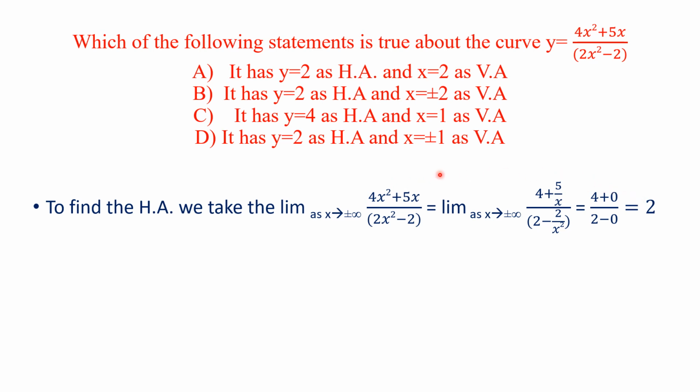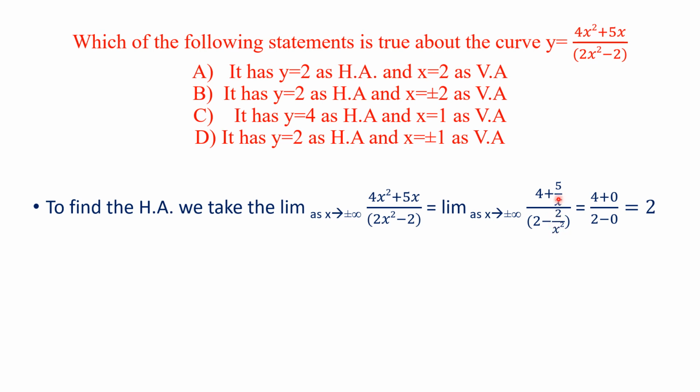But we can prove this one also by dividing the polynomial on the numerator by x squared and the polynomial on the denominator by x squared. And that will give us over here 4 plus 5 divided by x, divided by 2 minus 2 over x squared.